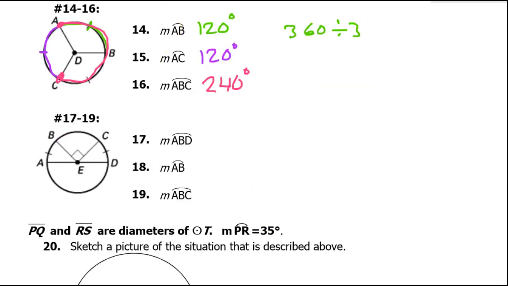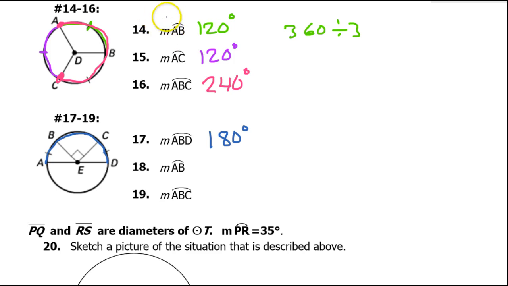Okay, what about this? Arc ABD. All right, ABD is like this. Well, that is a semicircle, so that's clearly 180 degrees.